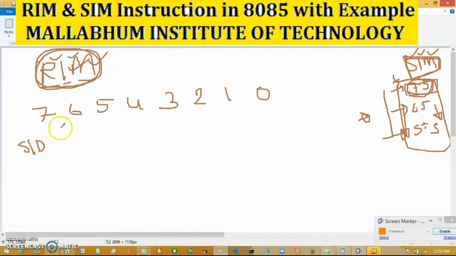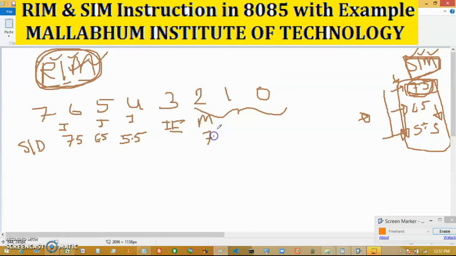Next, for the pending interrupt lines, I 7.5, next I 6.5, next I 5.5, next IE. IE is the interrupt enable flag. Next, these three are for the previous section, M 7.5, M 6.5, M 5.5.